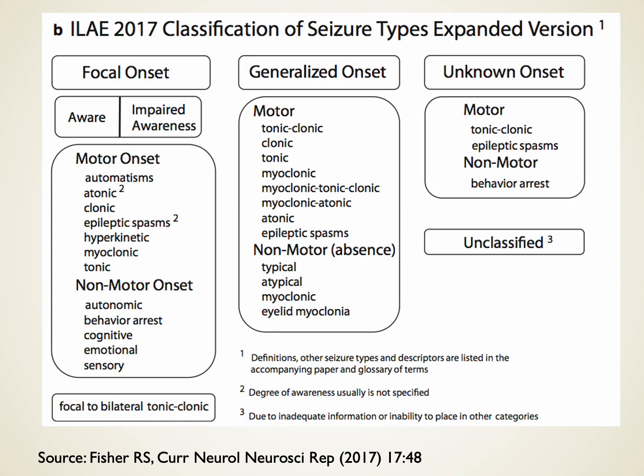A more expanded description of that by the International League Against Epilepsy in 2017 described more of the motor features or non-motor features in both the focal onset and generalized onset type of seizure activity.